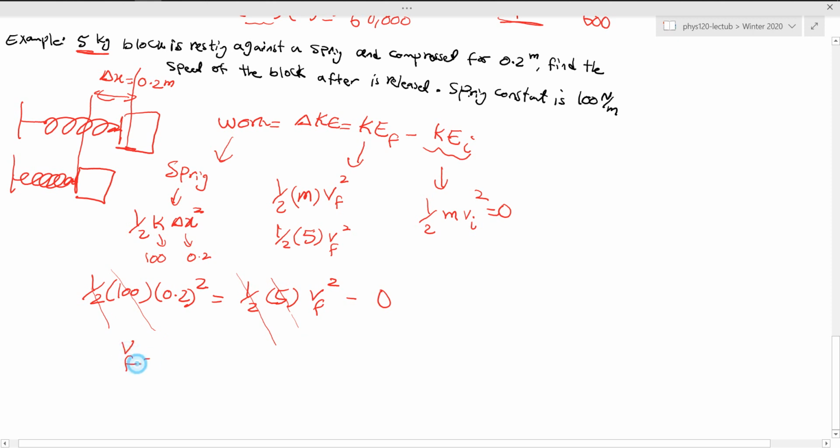So Vf to the power of 2 is equal to 20 times 0.2 to the power of 2. Now Vf to the power of 2 is equal to, this is going to be 0.04, and then times 20, the answer is 8. And then Vf is equal to √8 meters per second.